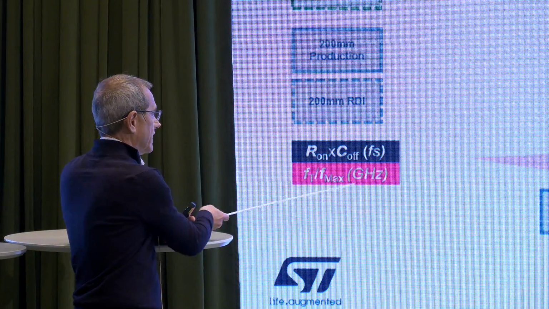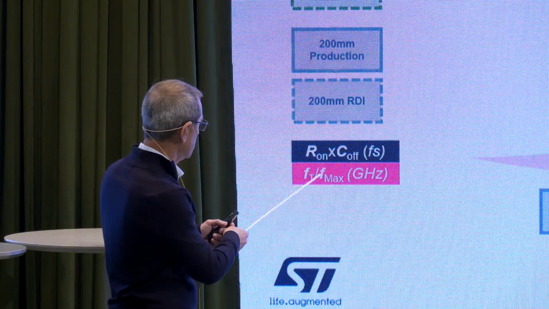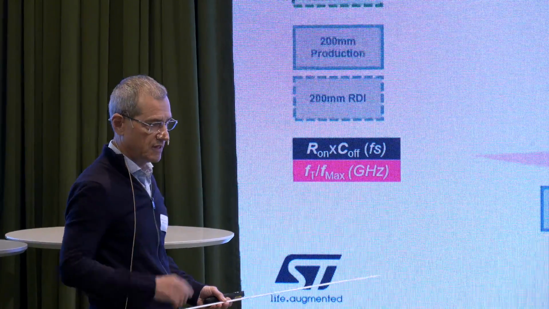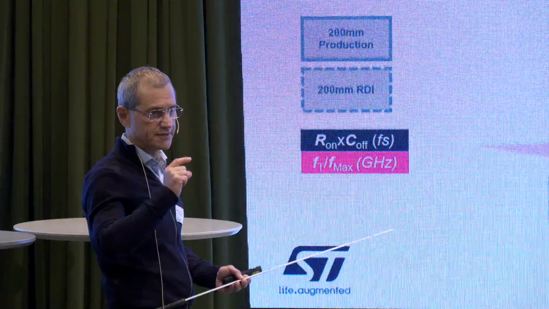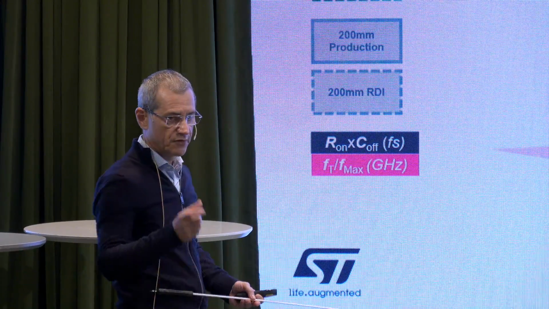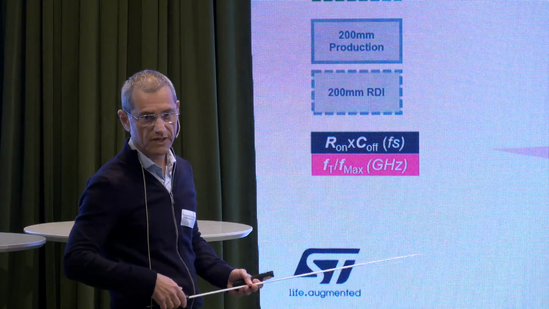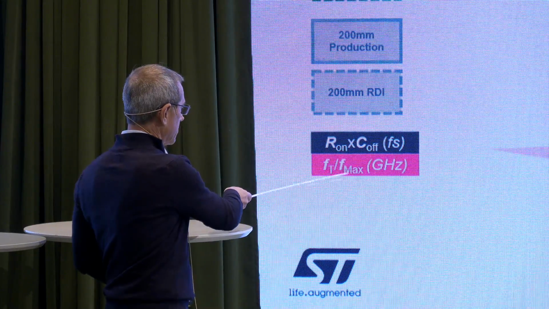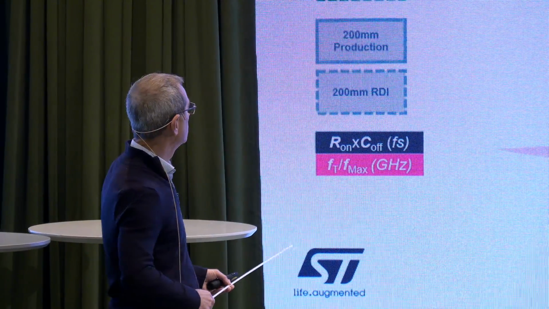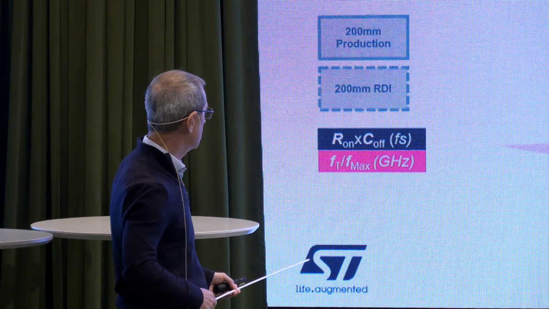And the FT and Fmax, the maximum frequency, the cutoff frequencies. FT is just for the voltage or current cutoff, and Fmax is with the product of a power, in fact. So normally Fmax is better than FT because you have two parameters taken into account.